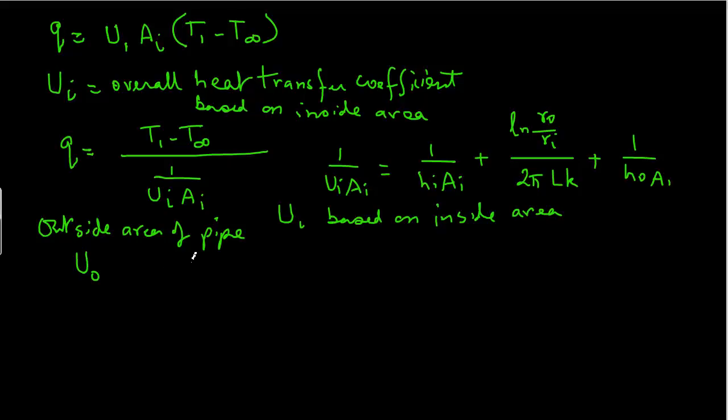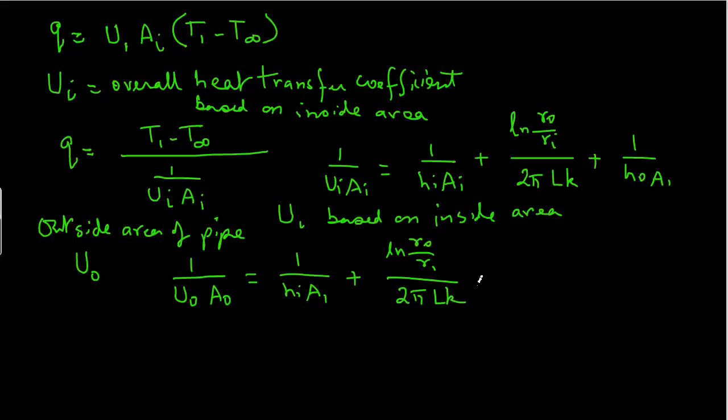And Uo will be the overall heat transfer coefficient that is based on the outside area. In that case, the expression will be 1 over UoAo equals 1 over HiAi plus natural log of Ro over Ri divided by 2 pi Lk plus 1 over HoAo.